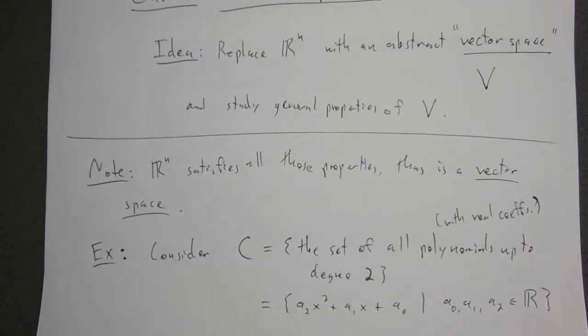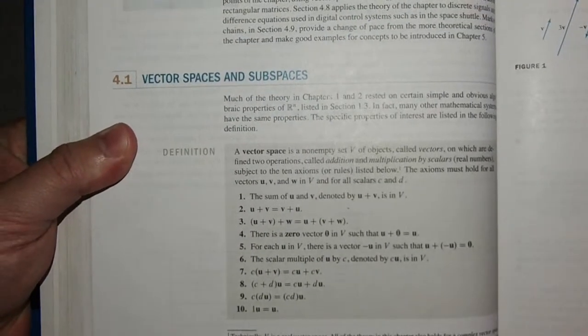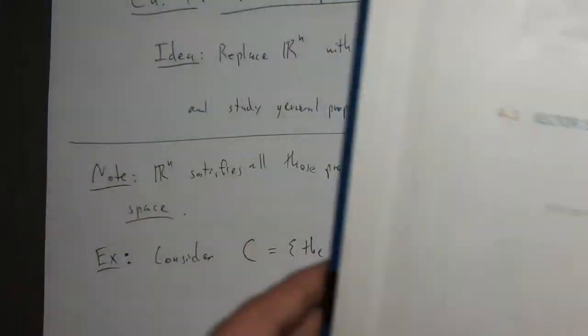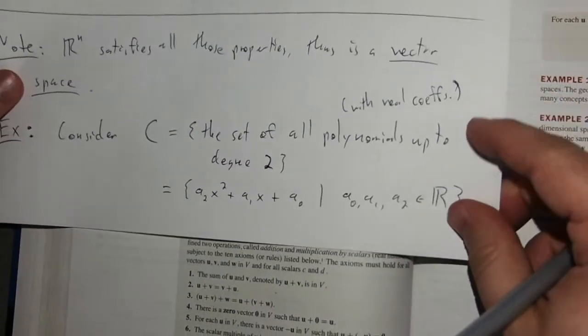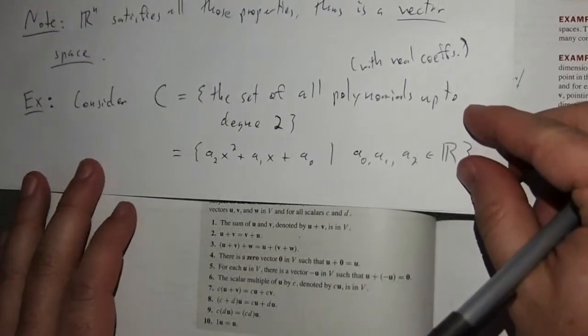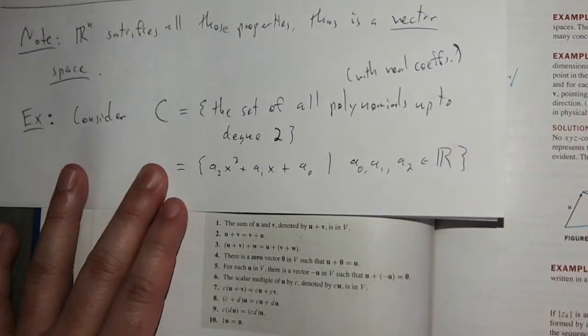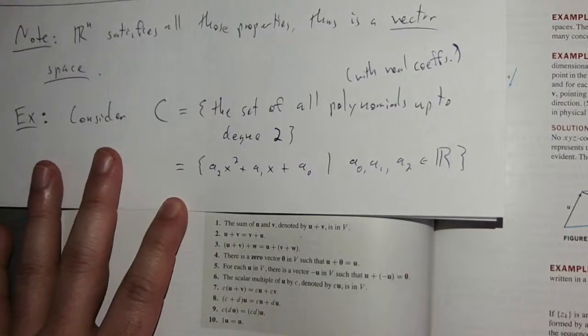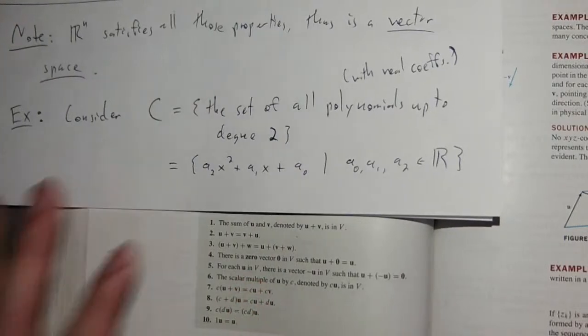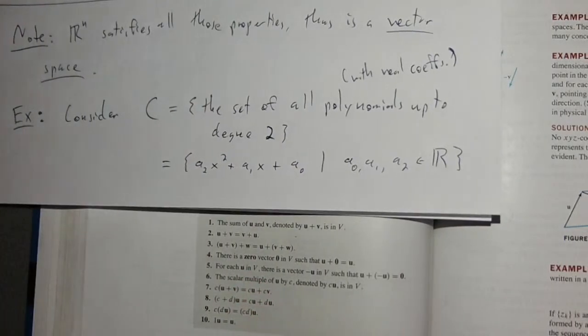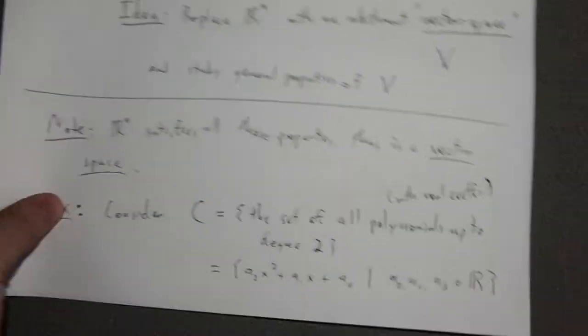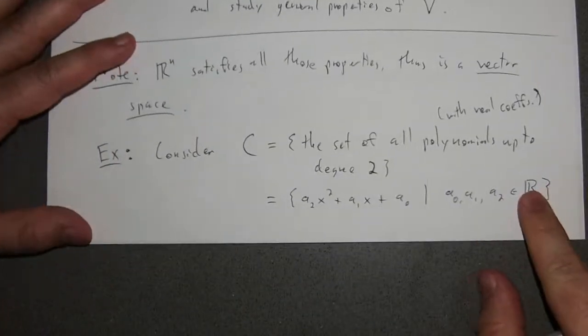All right, so here are my polynomials up to degree 2. Let's check that they satisfy all these things. I need two operations, plus and scalar multiplication.